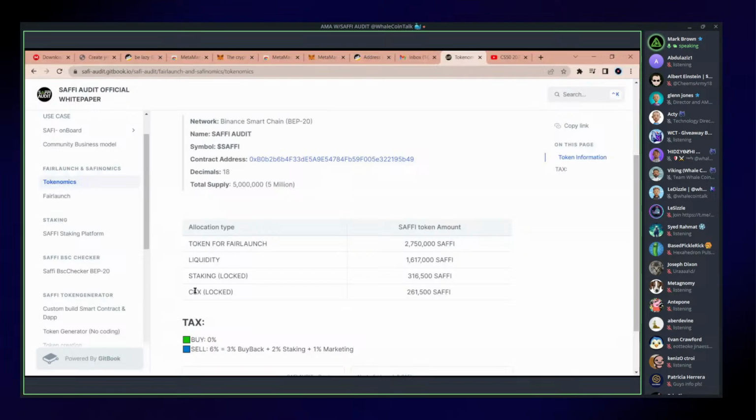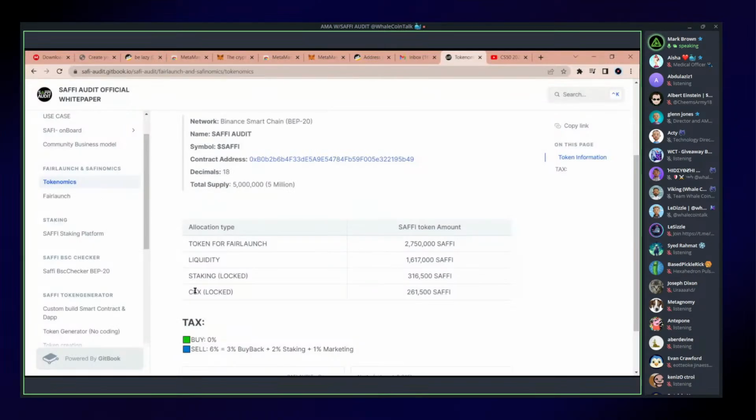About the tax, we try to encourage people to have buy pressure, which is why we have 0% on the buy. On the sell we have 6%. It's not changeable. It's going to be 3% going to the buyback. As we know, guys, in the 24 hours of the day, there is sometimes a big pressure of buy.